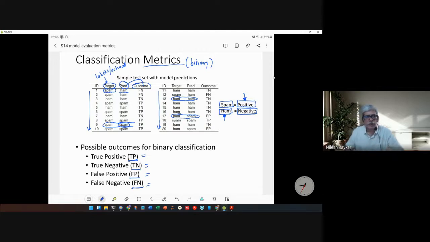Somebody tell me how many true positives are there in this example. You have to simply go through this list and tell me how many true positives are there.